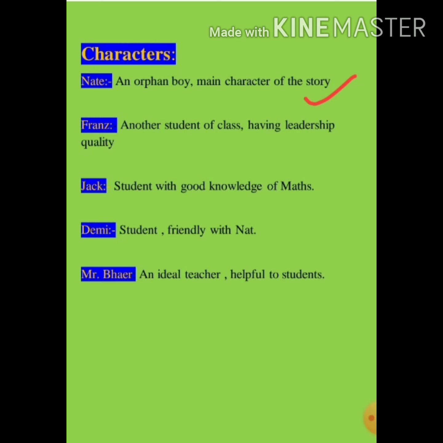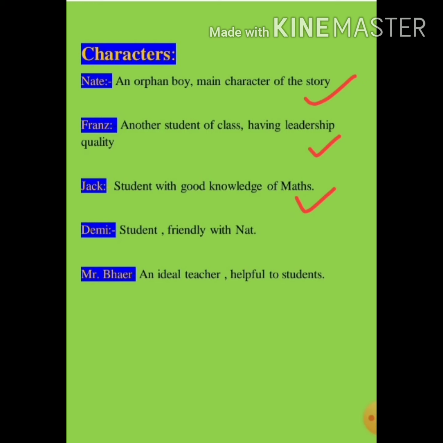Come to the next, French. French is a classmate of Nat. He has leadership quality. He can lead the other students, and sometimes if needed, as per the instruction of his teacher, he can also help others. Jack is very good in maths.